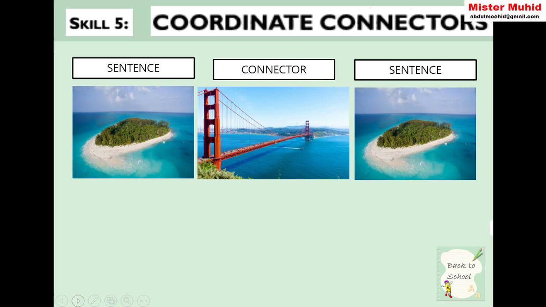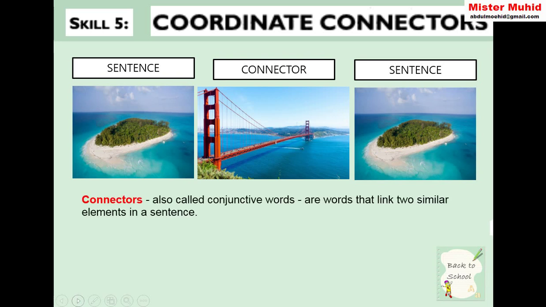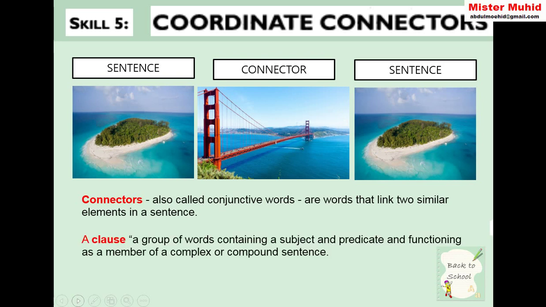Okay, so what is the definition? Maybe you can tell me first about connectors. Connectors are also called conjunctive words. These are words that link two similar elements in a sentence. And then we also talk about clause. A clause is a group of words containing a subject and predicate and functioning as a member of a complex or compound sentence.